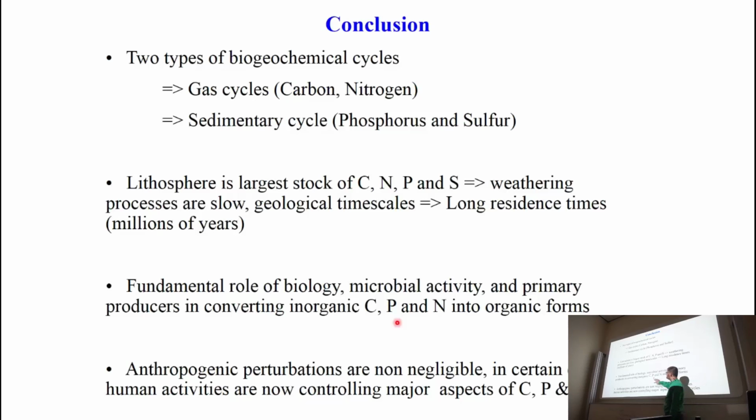I think one of the other things that's really important to get from this lecture series is that quite a lot of these chemical reactions, take for instance the nitrogen cycle, you can't do any of the steps in that nitrogen cycle without biology. So not only is biology relying on the nitrogen cycle, the nitrogen cycle would not happen without the biology.